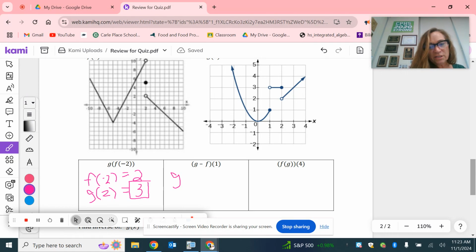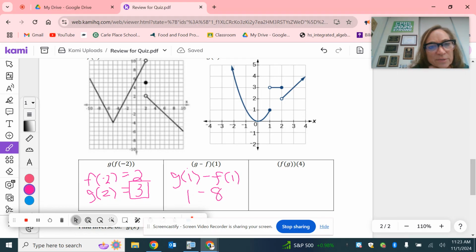This is subtraction, so I'm going to find g of 1, and I'm going to subtract from that f of 1. So first I go to the picture that's g, and 1 gives me 1. I go to the picture that's labeled f, and 1 gives me 8. So I have 1 minus 8.